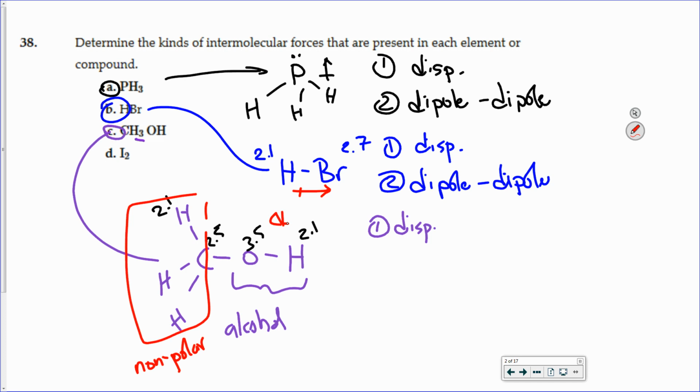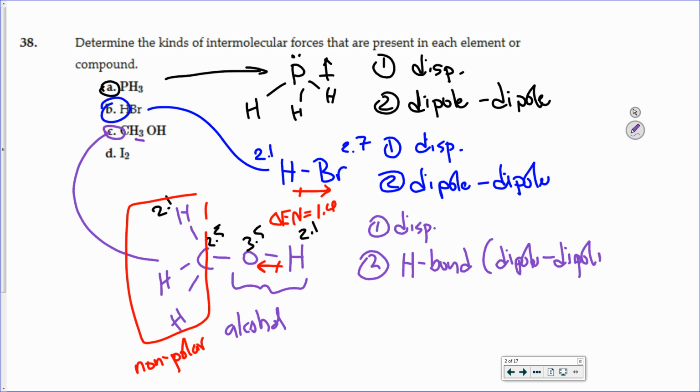The difference in electronegativity is 1.4. So there's definitely going to be a dipole created. So there are dipole forces present, but is there a hydrogen bond? Yeah, because the hydrogen is connected to the oxygen, those are H bonding. And again, H bonding is a type of dipole-dipole, but it's a recognition that it's a particularly strong one. Right?